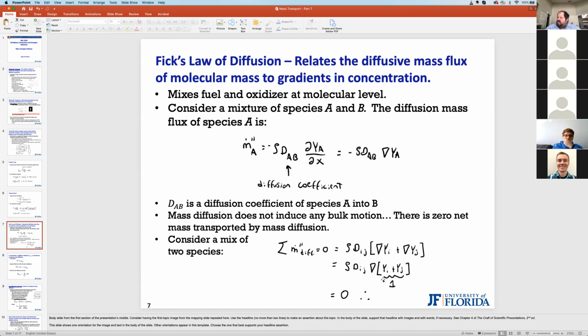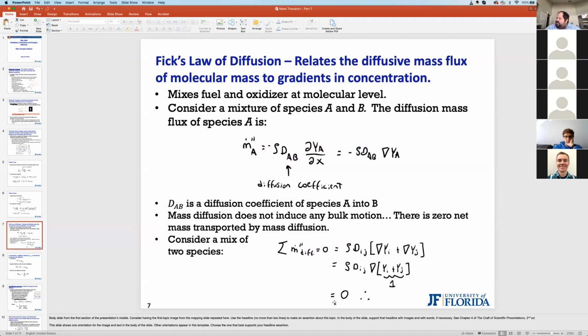And I have the gradient of y_i plus y_j, and I have two species, and by definition, the sum of the mass fraction of species i and species j has to be 1. So I'm taking the gradient of 1, which is a constant, and the gradient of a constant is 0.